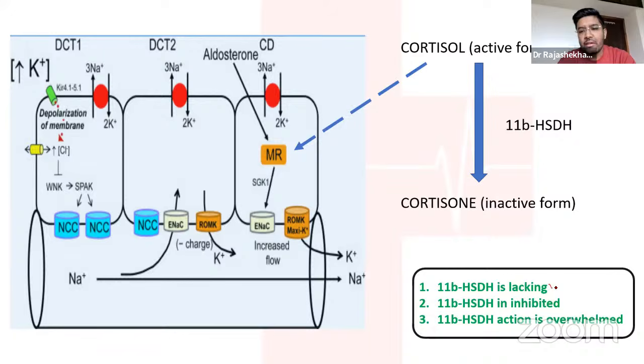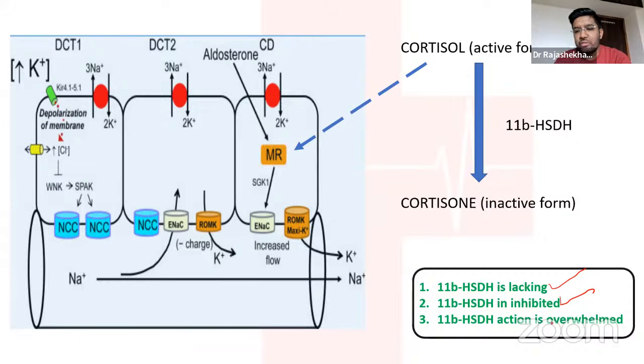One, it is lacking inherently, called syndrome of apparent mineralocorticoid excess. Or this enzyme is inhibited externally by food items like licorice, or drugs like itraconazole or posaconazole, all of which inhibit this particular enzyme. So these can stimulate the mineralocorticoid receptor and cause hypokalemia.